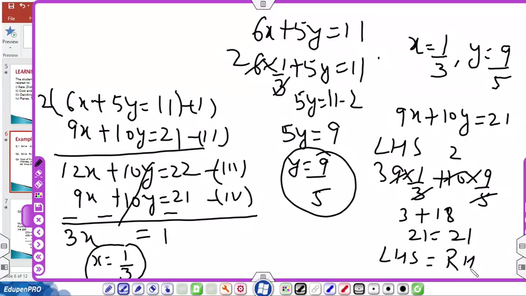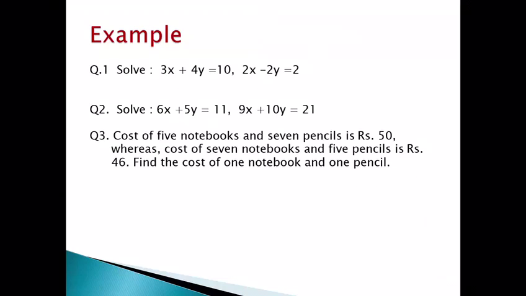So the left hand side comes out equal to the right hand side. It means x equal to 1 by 3 and y equal to 9 by 5 is the solution of the given pair of linear equations. After solving these two problems, let's solve the third problem.